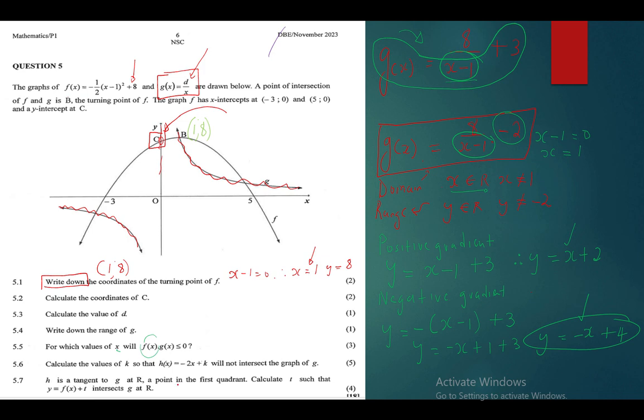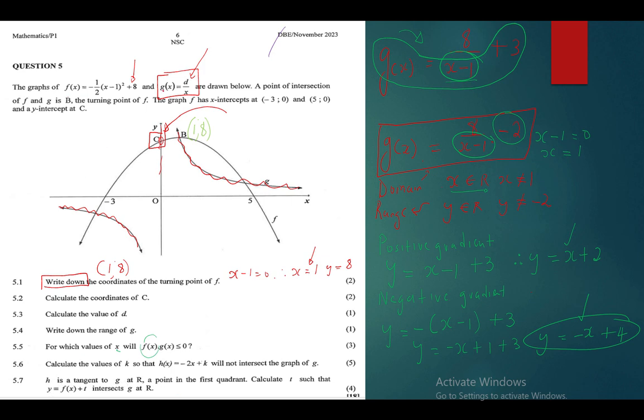The only time you will get an answer below 0 is when you multiply a negative with a positive, or a positive with a negative. So how you approach this question, guys, I want you to find the x values whereby f is underneath the x-axis and g is above the x-axis.